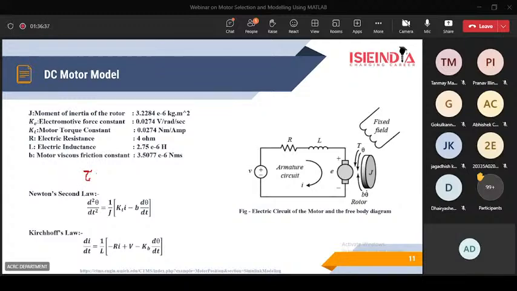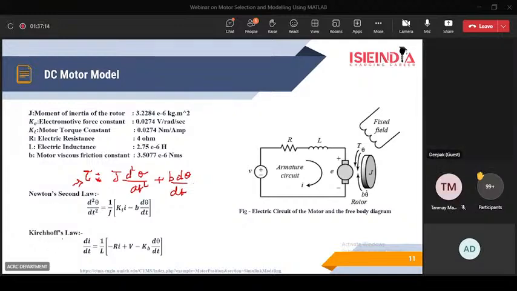This is the equation I got from Newton's second law for the torque. Here J is the moment of inertia, and d²theta by dt² is the angular acceleration, and B is the motor viscous friction constant, like the friction acting upon a vehicle, and d theta by dt is the velocity. You can see the angular velocity of the rotor part.